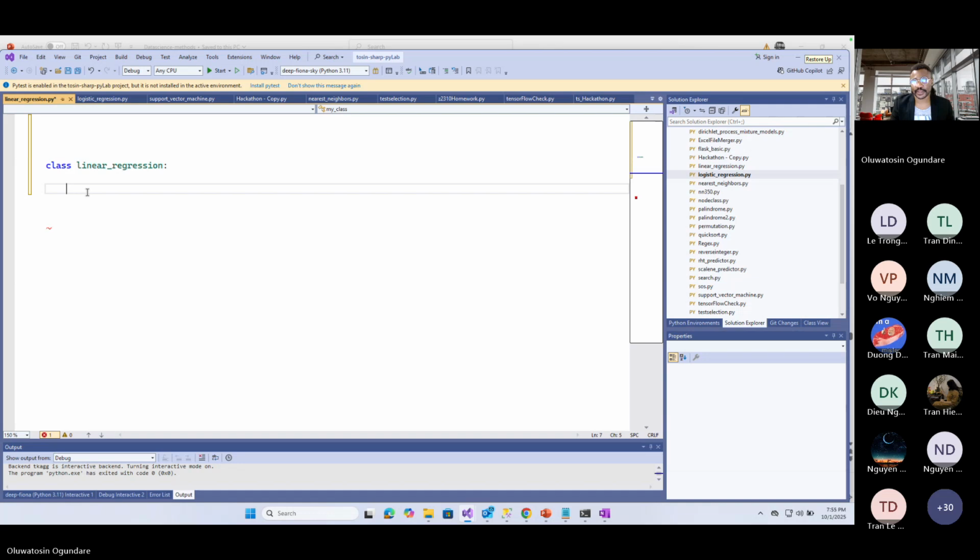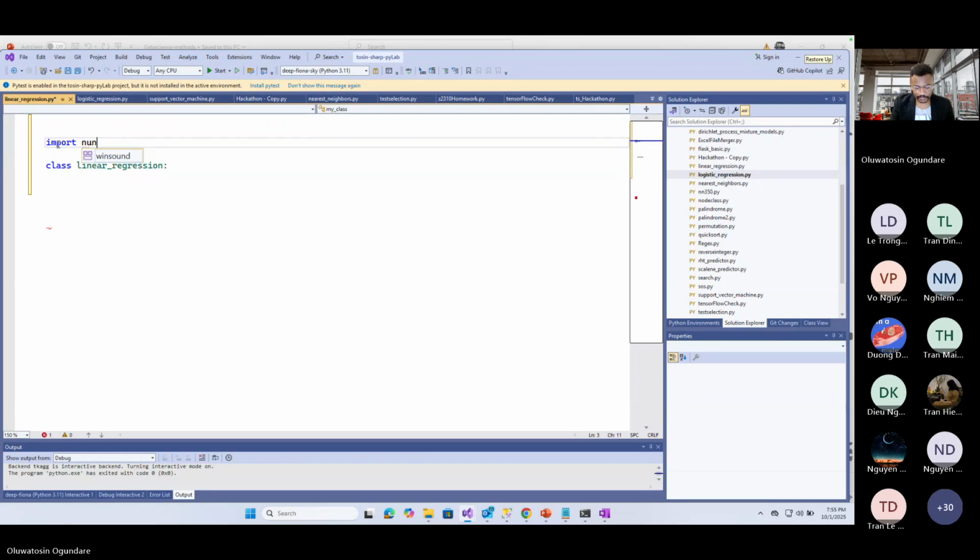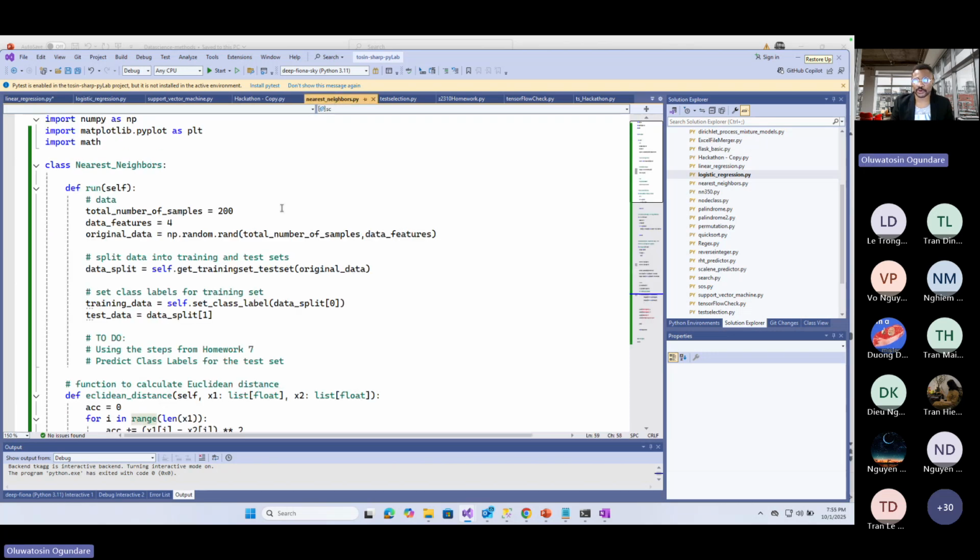And then, of course, I want to import NumPy preemptively. Why is that? Because I want to generate some random example. And if you remember, we already did this before when we did nearest neighbors, where we used NumPy to generate our random data.